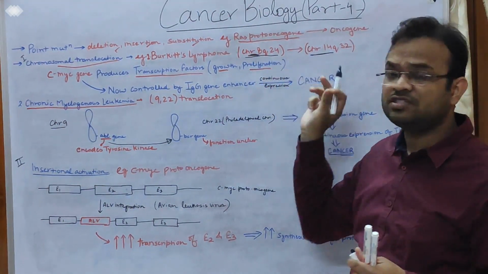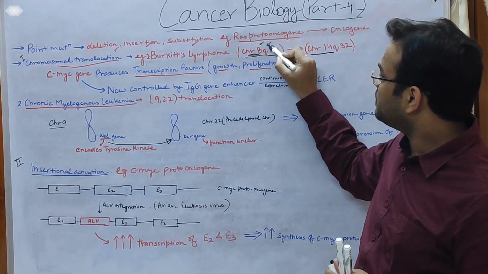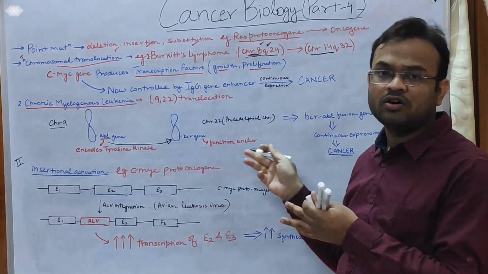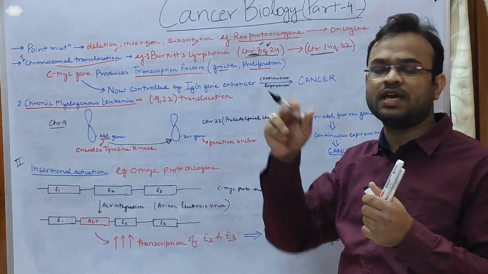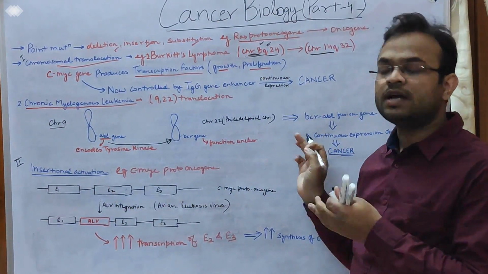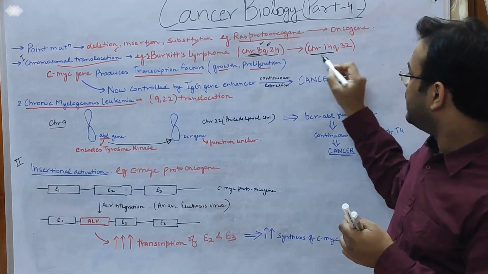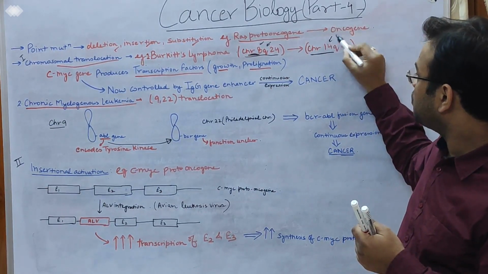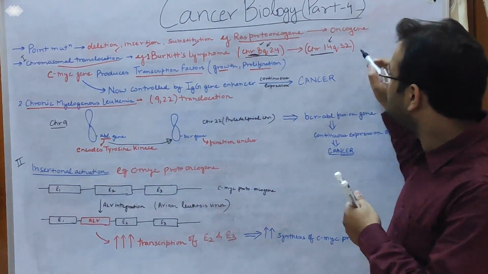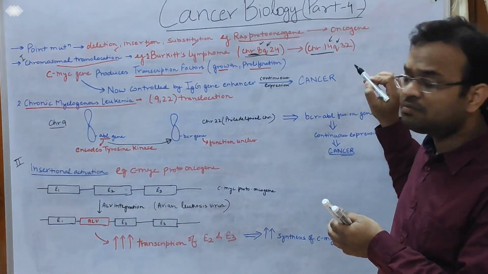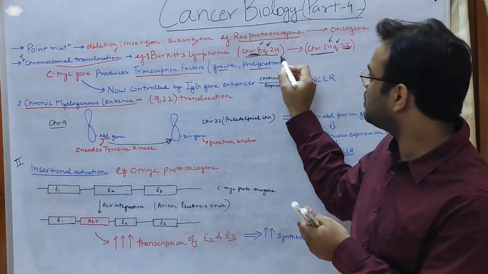Chromosome 8 means that the gene is present on chromosome number 8. Q here means the longer arm of the chromosome. We all know that the chromosome has two arms, P and Q. P is the shorter one and Q is the longer one, depending upon the position of the centromere. Here also, this is 14, that means chromosome number 14 is being talked about here. Q again means the longer arm, and this is the address or the position of the gene that we are talking about.